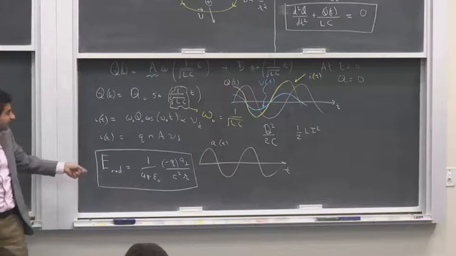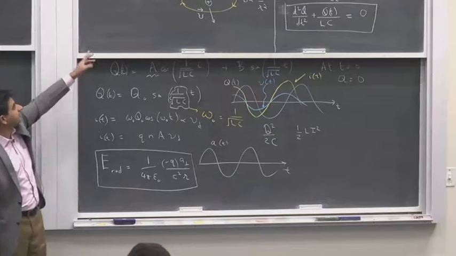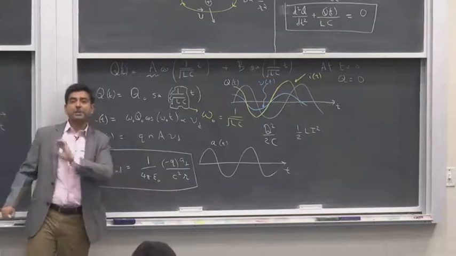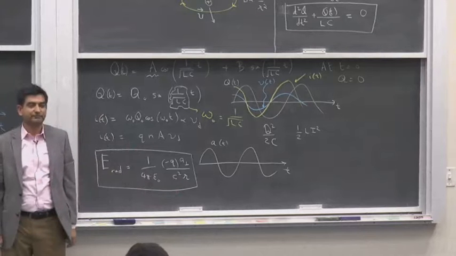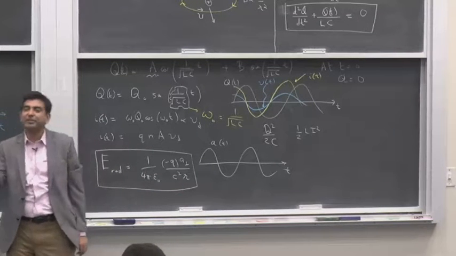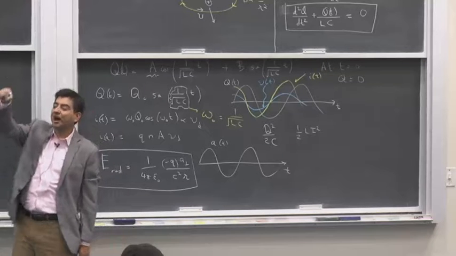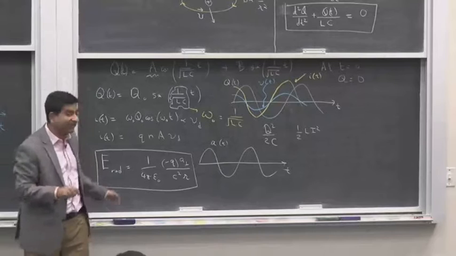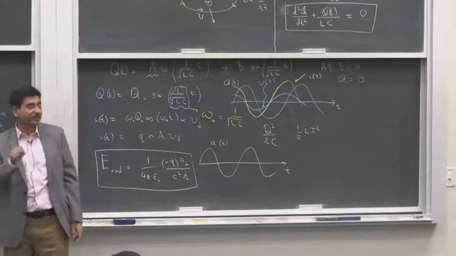First of all, notice that the radiative electric field that's coming out from an accelerating charge has a 1 over r dependence. A static charge or a charge moving with a uniform velocity has a 1 over r square dependence. But this radiative field has a 1 over r dependence.